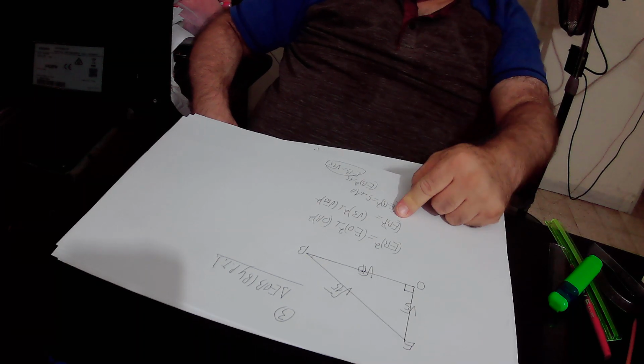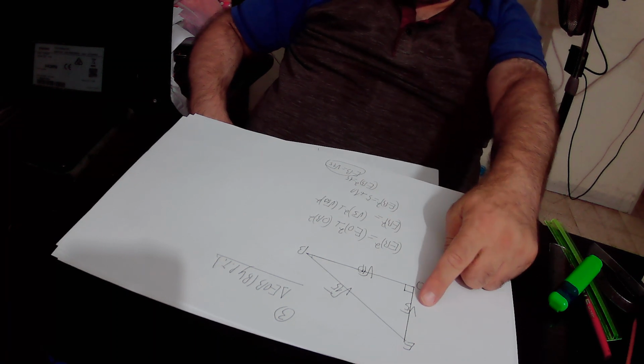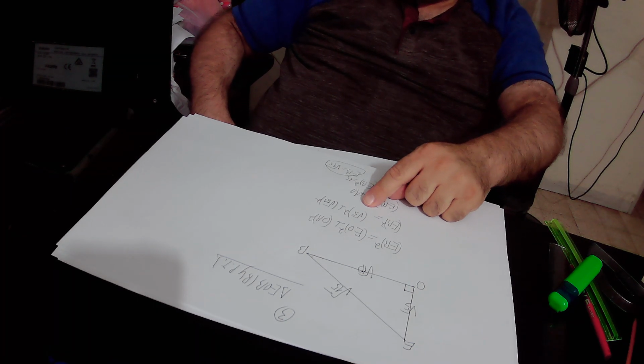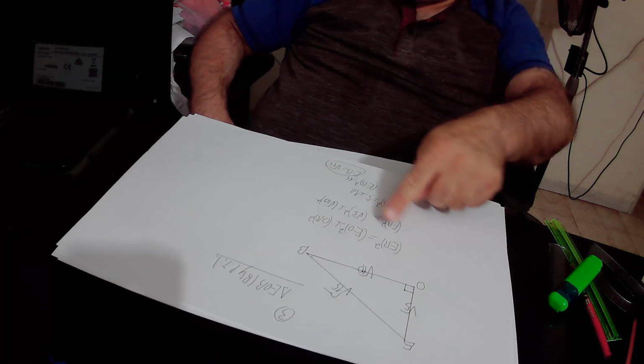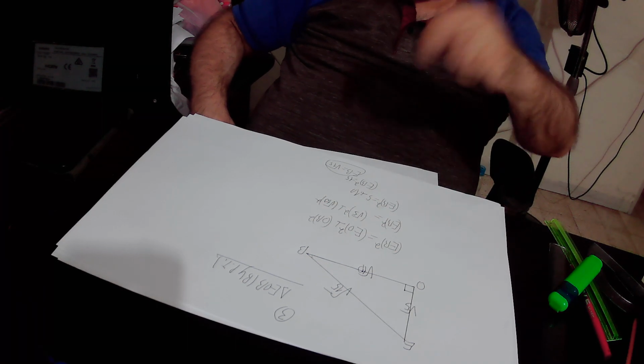So EB squared, the missing side, equals EO squared. EO equals the square root of 5 units, therefore EO squared equals the square root of 5 squared, plus OB squared. OB equals the square root of 10 units, therefore OB squared equals the square root of 10 squared.